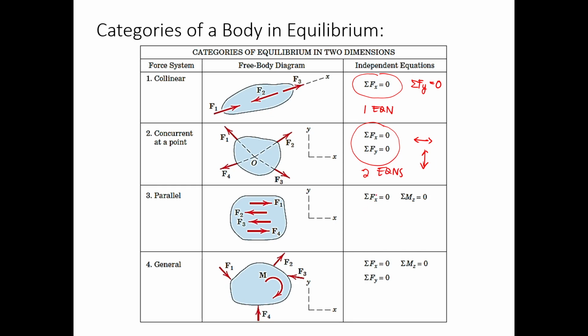What we're going to use here could be the summation of forces x equals 0 and the moment, or the summation of forces y equals 0 and the moment. So it could be this pair, two equations, or this pair, two equations also. For parallel force systems we're going to use two equations only.